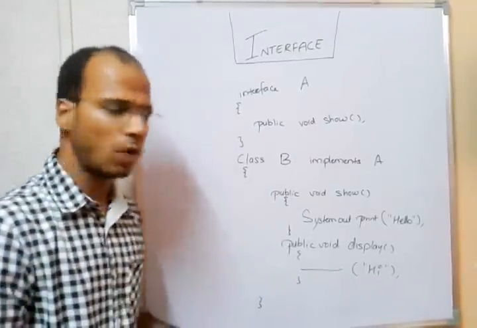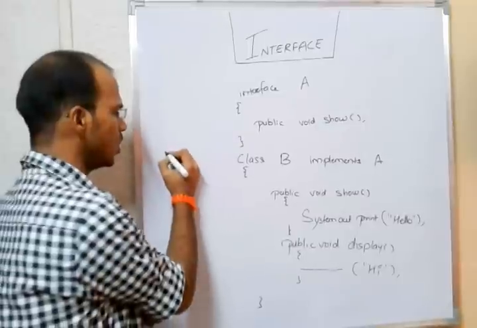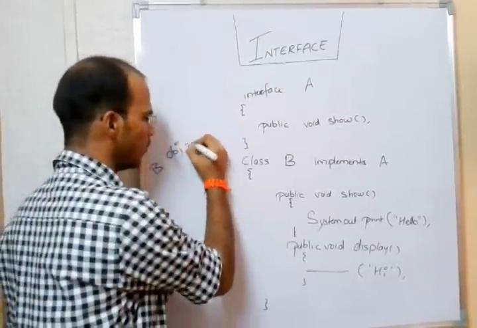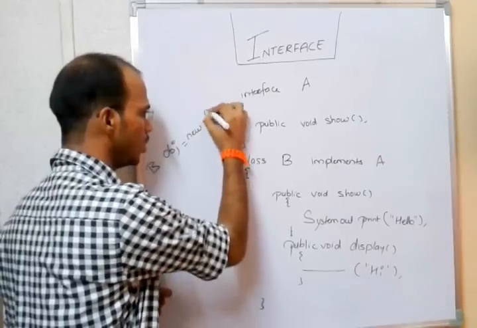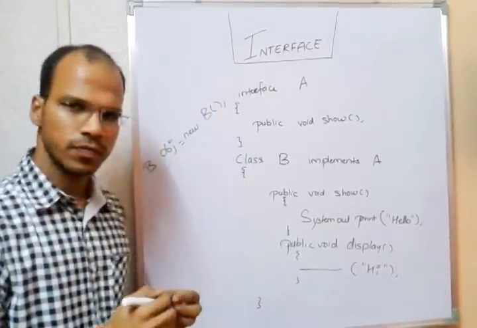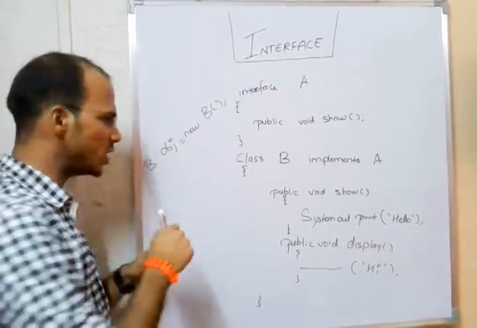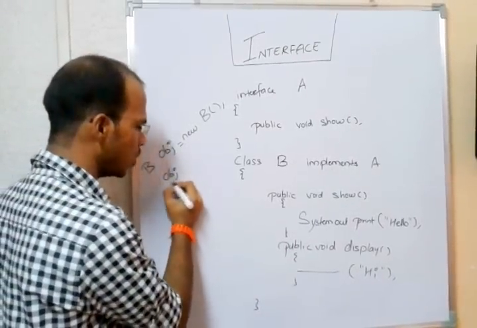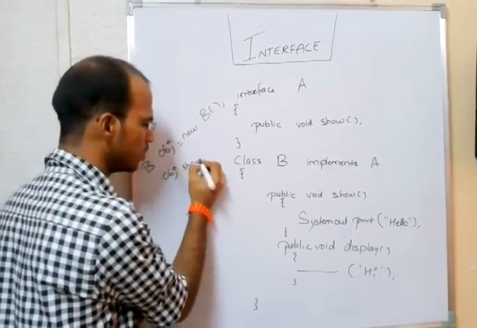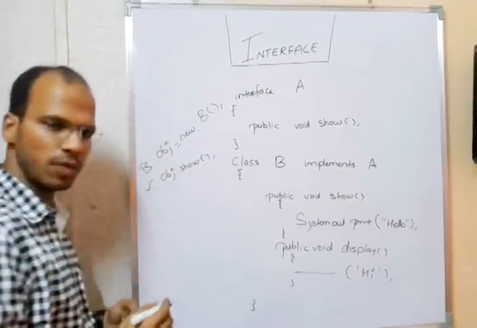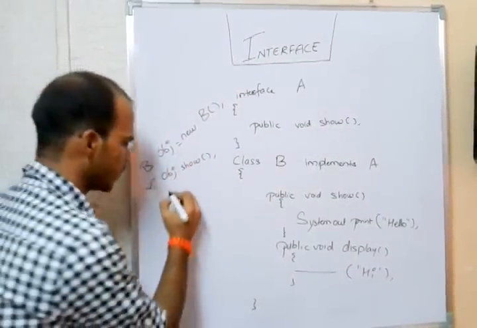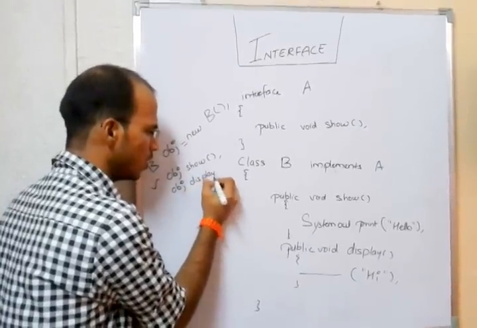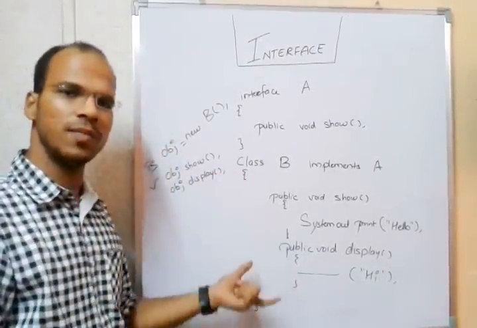When you create an object of class B, B obj equal to new B, this object can call both methods. When you say obj.show, it will call show, and when you say obj.display, it will call the method display.